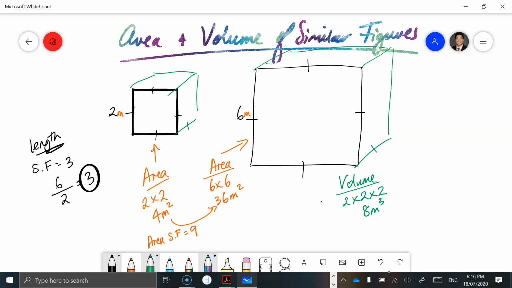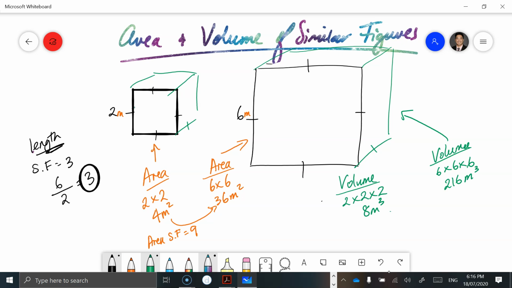The volume of the larger one is going to be 6 times 6 times 6, which is 216 meters cubed.